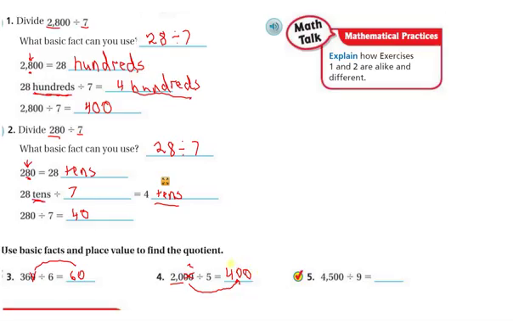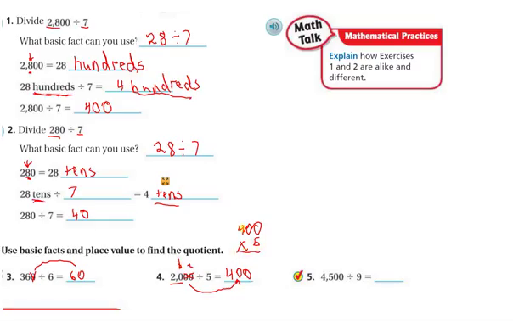And remember, again, once you've got your answer, your quotient, it's not a bad idea to check your answer by doing the opposite of division, which is multiplication. And to do that, you take your quotient, 400, multiply it by your divisor, 5, and then see if you get your dividend again.